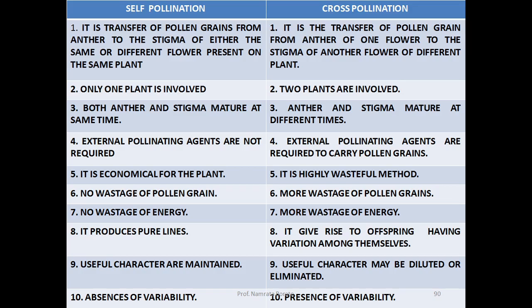Next, we have to concentrate on the points we studied, that is the types of pollination: self-pollination and cross-pollination. So let's start the differences between self and cross-pollination. The first one: the transfer of pollen grain from the anther to the stigma of either the same or a different flower present on the same plant is called self-pollination.